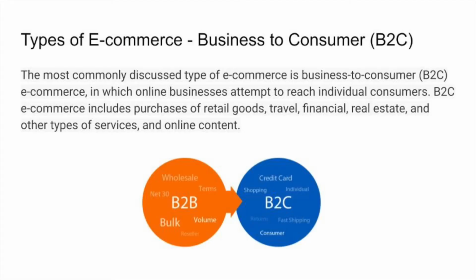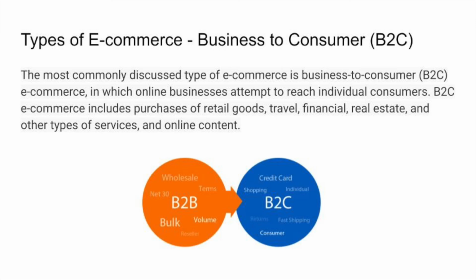The next thing we really need to discuss is the basic types of e-commerce that are out there. And there are a variety of types that we should be familiar with. The first one that we normally think about is business to consumer. It's shortened by calling it B2C e-commerce, business to consumer. And it's probably the most commonly discussed one, and it effectively means a product is sold by a business to a consumer.